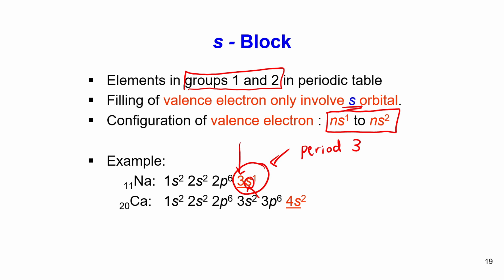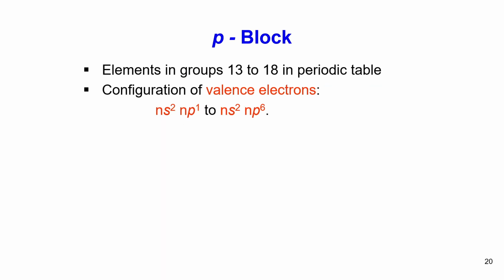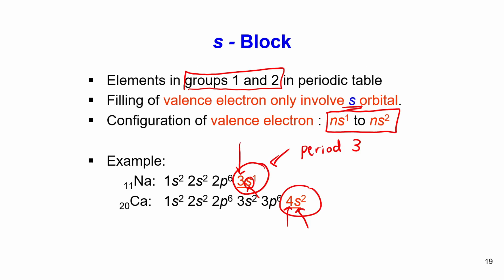From the largest principal quantum number 3s1, we can also determine this element is in block S. The same goes for calcium: 4s2 means block S, period 4. That's why we say the general electronic configuration for valence electrons is from ns1 until ns2.